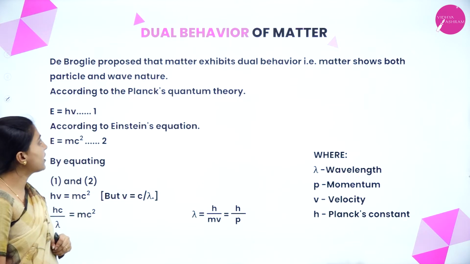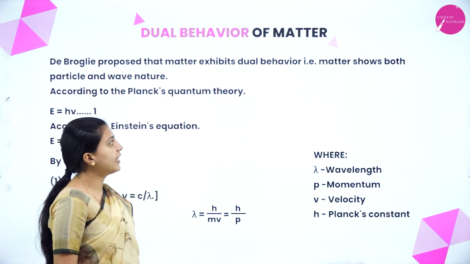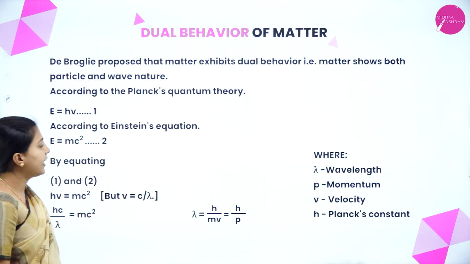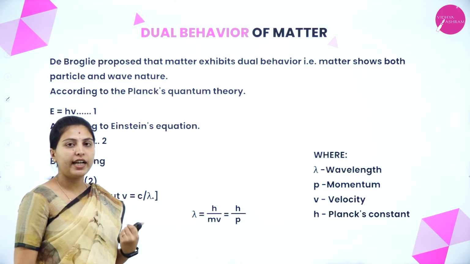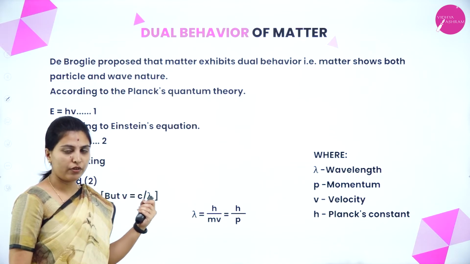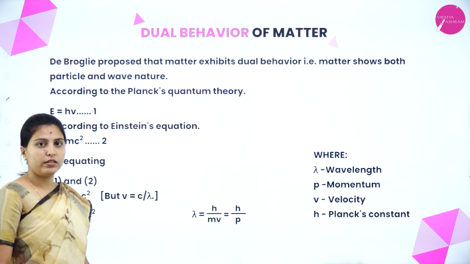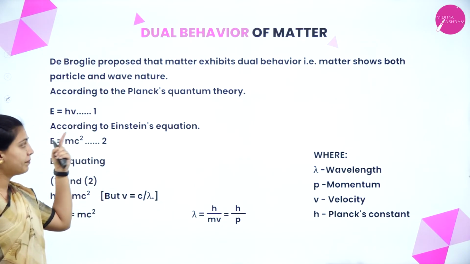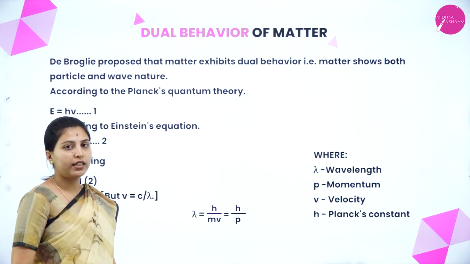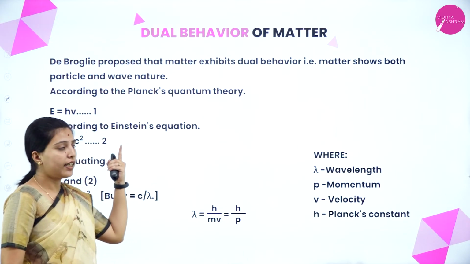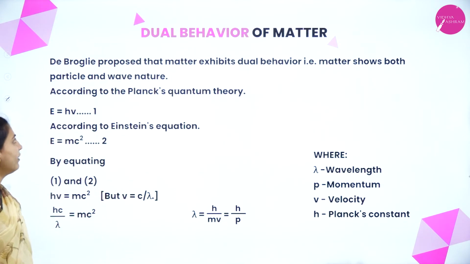De Broglie proposed that matter exhibits dual behavior, that is, matter shows both particle and wave nature, just as we saw earlier for light and radiation.